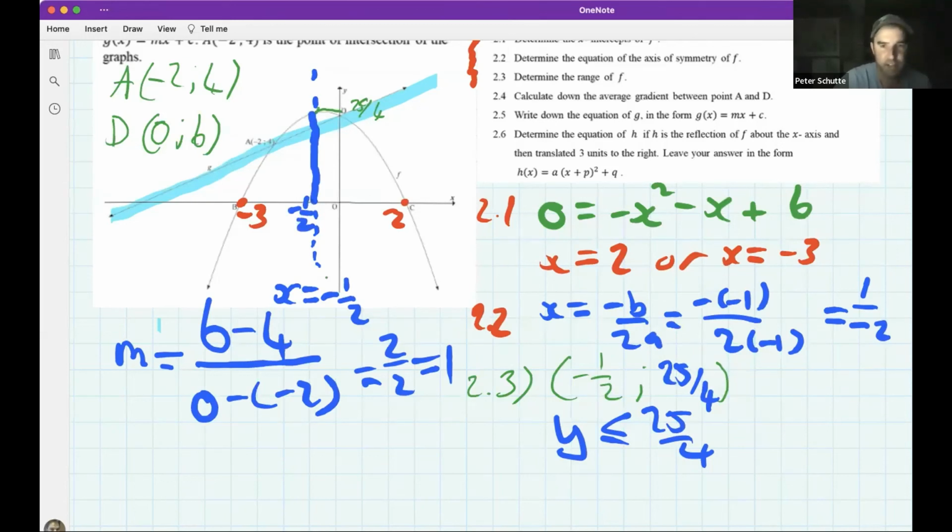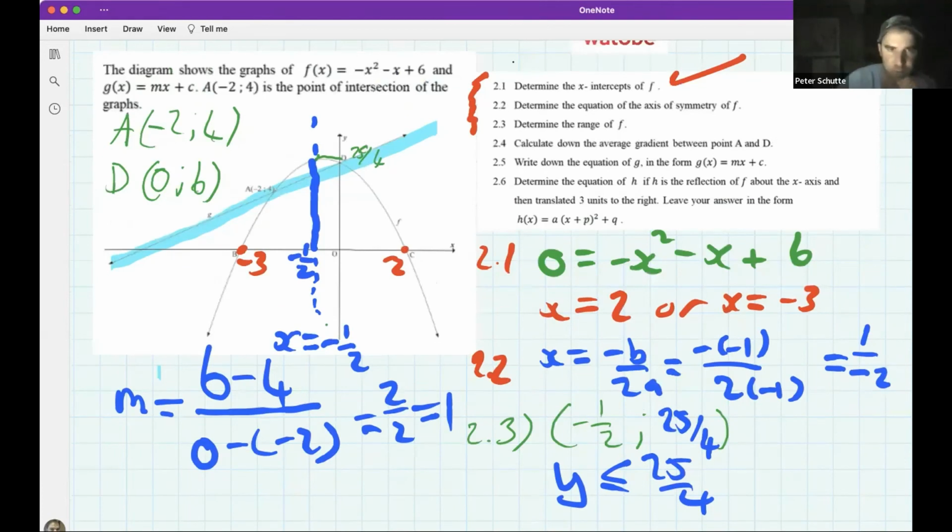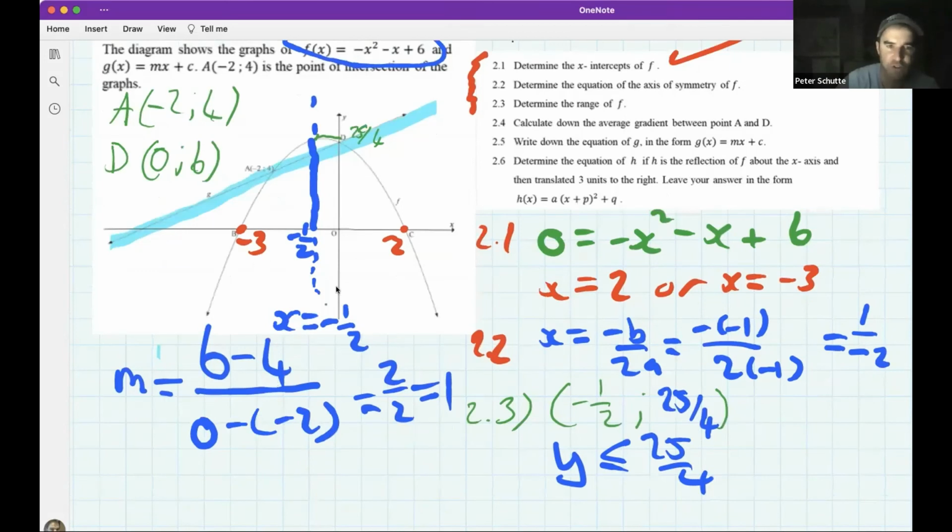So then I took negative a half and I subbed it back into the original equation at the top, which was minus x squared minus x plus 6. So I basically used this equation over here. That's what I did.